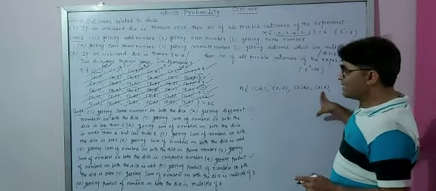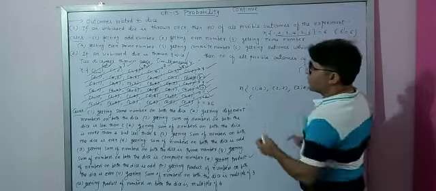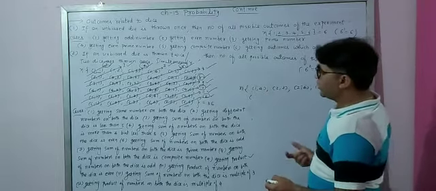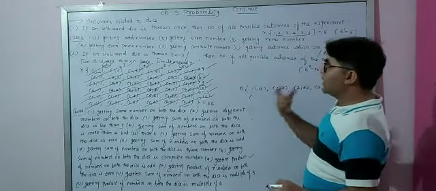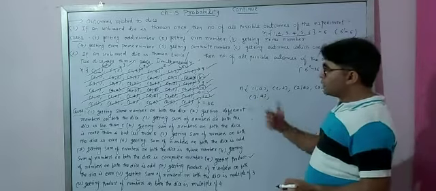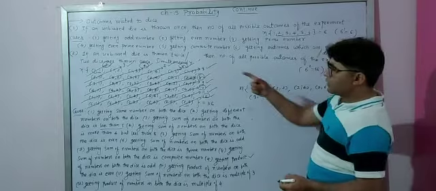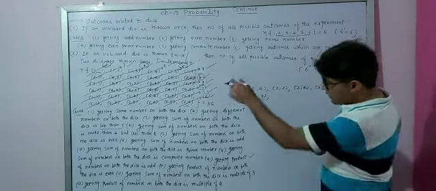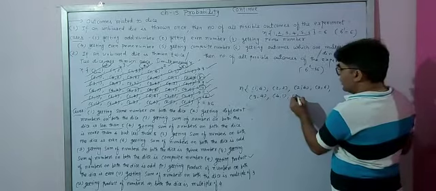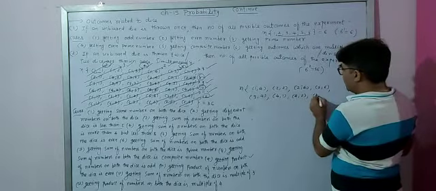Product is 12, that is divisible by 4. In the third line, 3, 1, 3, 2, 3, 3 are not included. 3, 4 will be included because the product is 12, which is divisible by 4. 3, 5 and 3, 6 will not be included. In the fourth line, each outcome will be included because the product is divisible by 4.